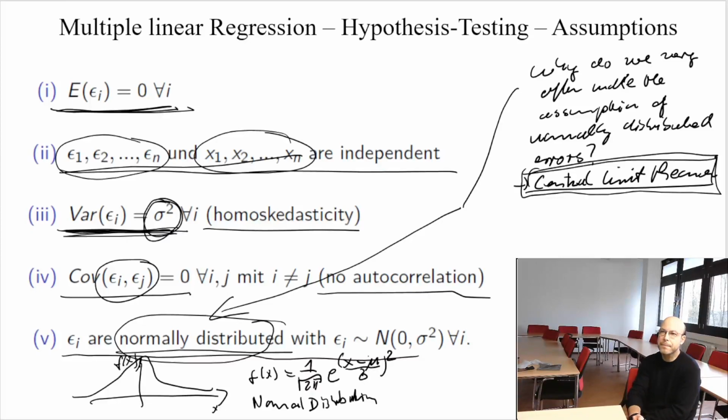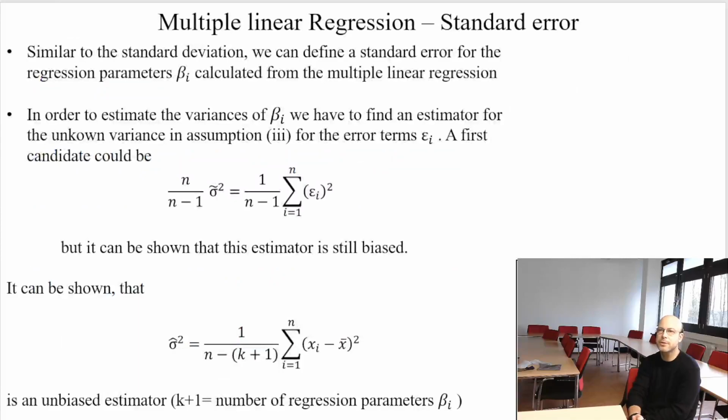Well, and if we have made these assumptions, then we can also think of what we have done in the one-dimensional case already: what would be a good estimator for our distributions? And good estimators are, of course, again, just the arithmetic mean, but what would be a good estimator for the variance?